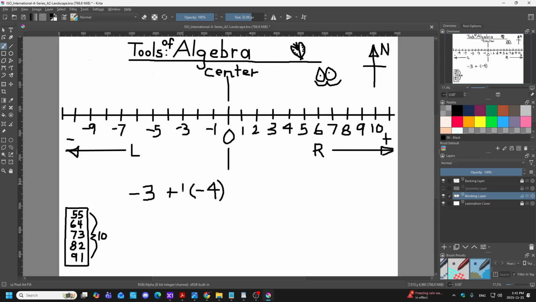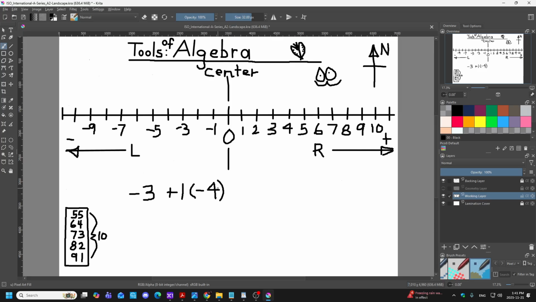Plus 1 times -4. I don't know the best way to explain it, but negatives seem to have more power than positives. So I could rewrite this.